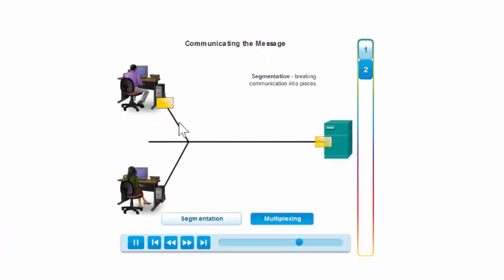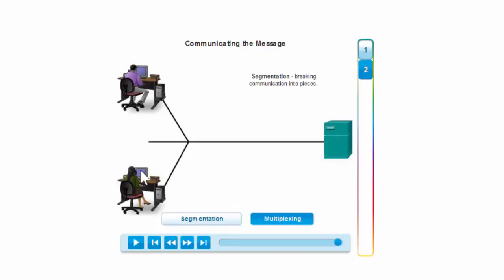These segments go across the line, and they again have to have a certain structure, a certain size, and a certain header that describes very important aspects about this message. This set of messages will then be desegmented by the receiver in order to get the original information.